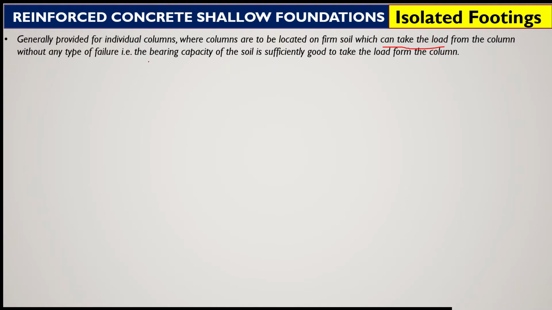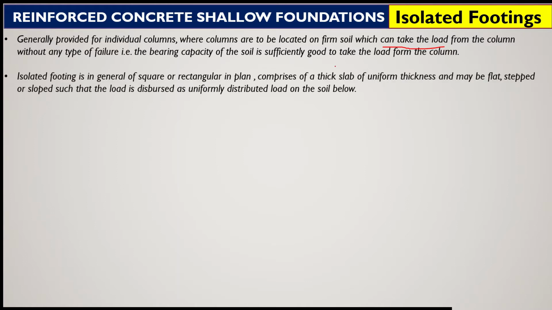In other words, we can say when the bearing capacity of the soil is sufficiently good to take the load coming from the column. Now, isolated footing is in general of square or rectangular plan.